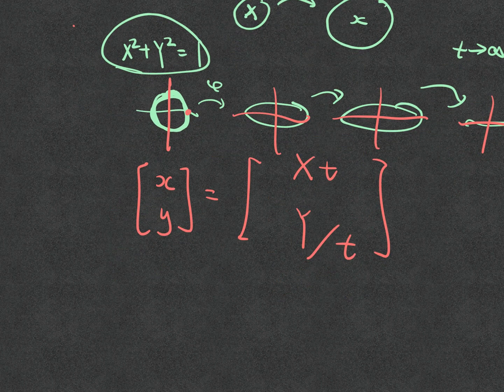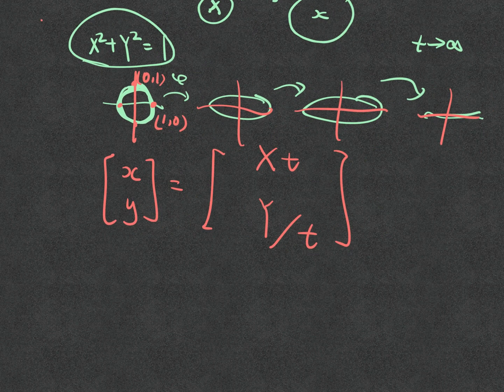Let's do an experiment. Maybe that would actually help. Let's put one point and another point. So this is 0, 0, 1, and this is 1, 0. Okay, so at time going to infinity, what happened to that 1, 0 point? x will approach infinity, and y would remain 0, right?